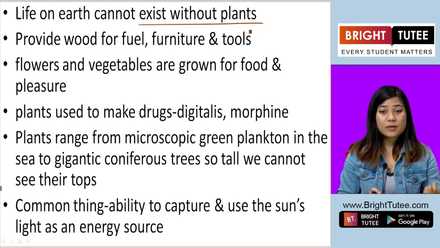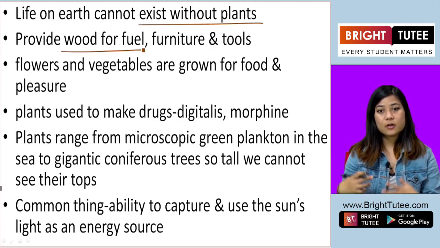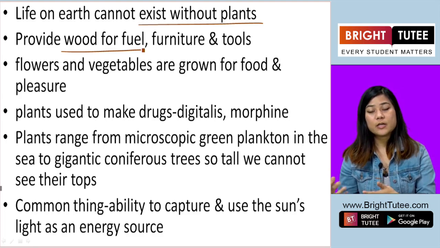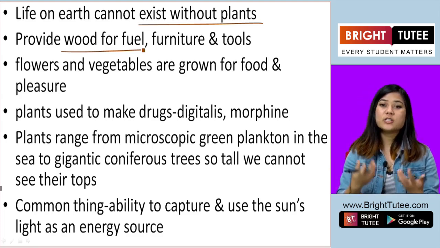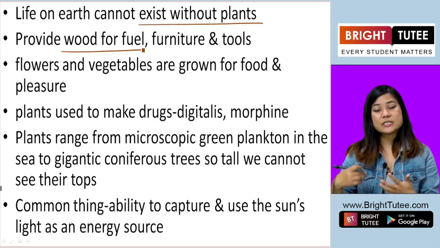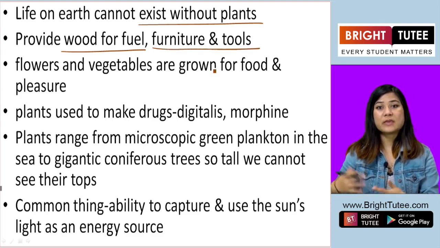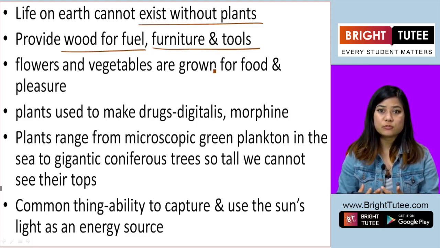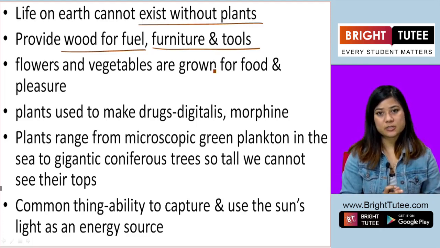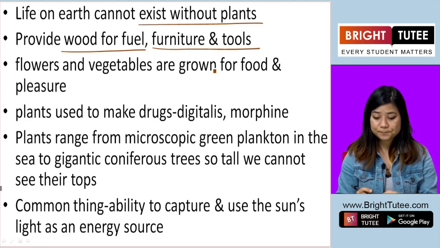Because of plants, we get wood for fuel, right? With wood, we burn and make fire. Wood is also used for building things, right? So wood is used as fuel, and it is also used to make furniture, tools, building materials and other kinds of materials that we need, right?